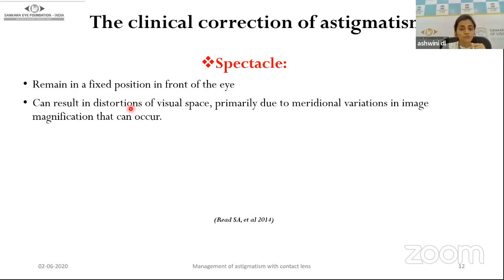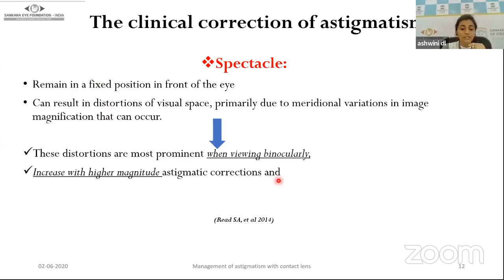There are disadvantages of spectacles in astigmatism. There will be distortion of the visual space, and also meridional variations in the image. When there is a difference in the principal meridians, two refractive errors are present, because of which meridional variations will be there, especially when they are seeing binocularly.